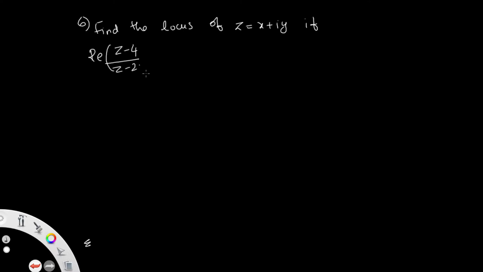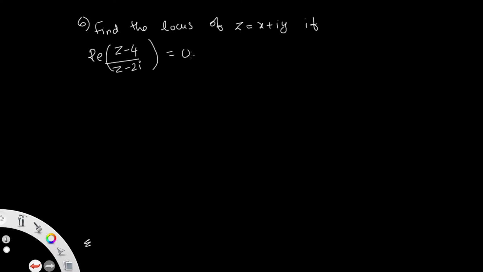The question is: find the locus of z equal to x plus iy, if the real part of (z minus 4) by (z minus 2i) equals 0.